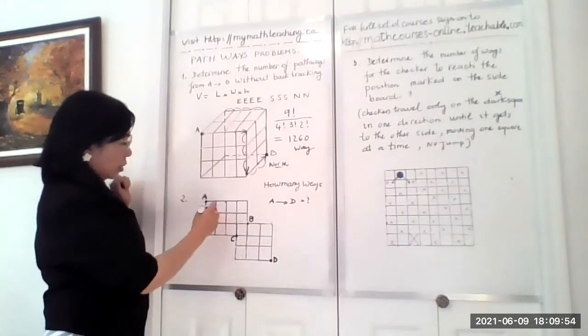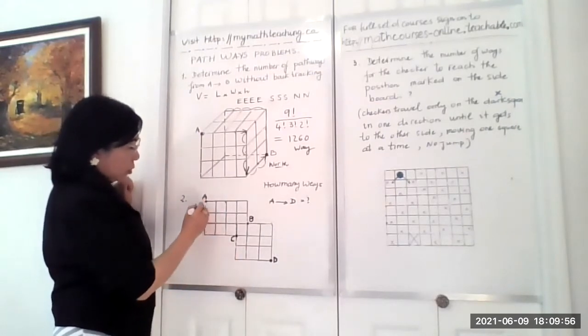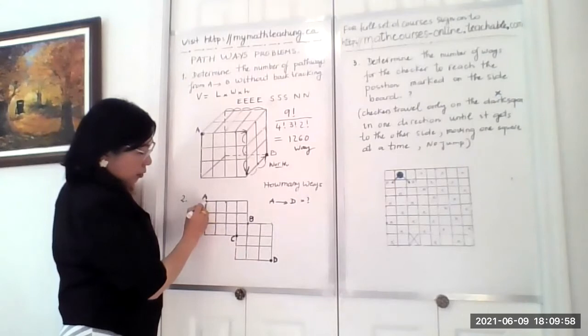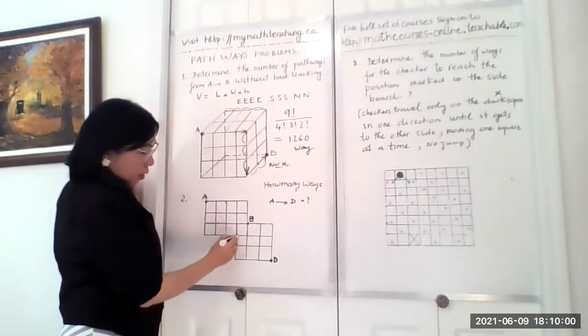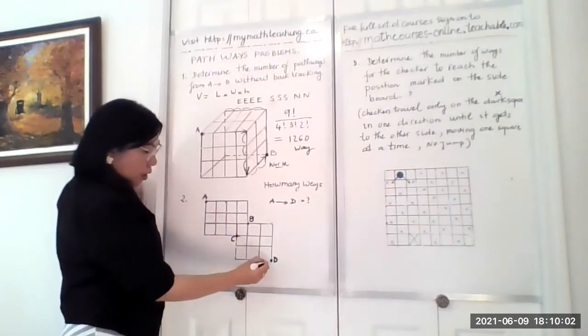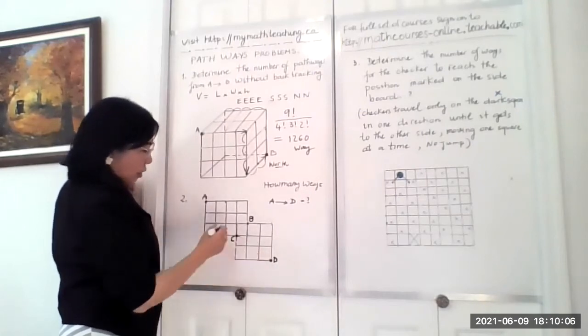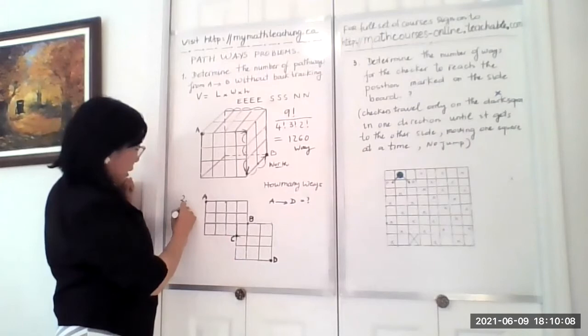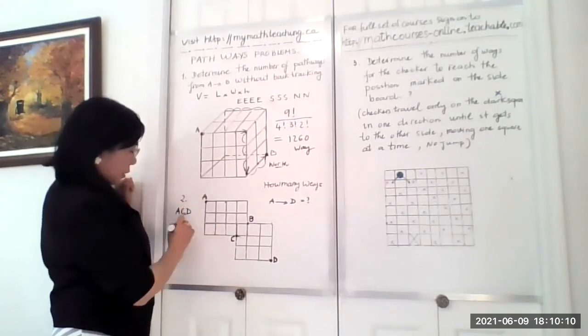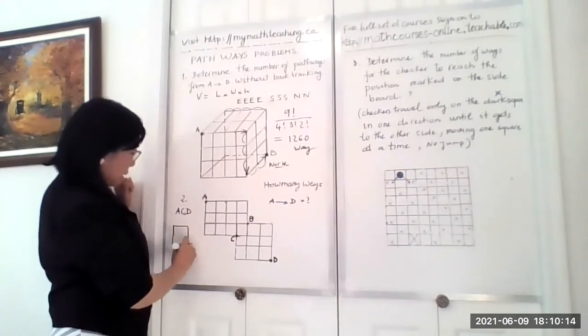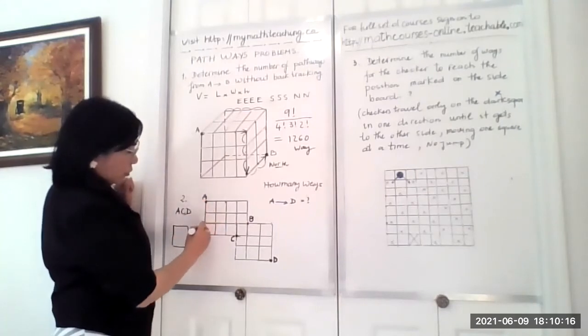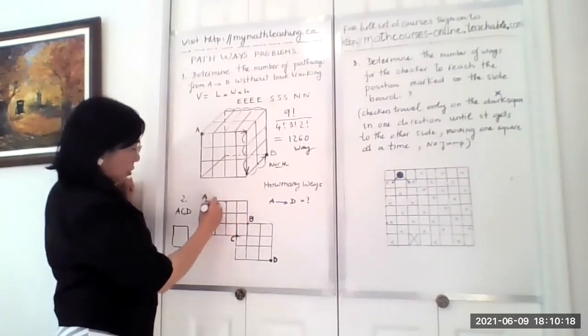Let's say you go from A to C to D. So I'm going to mark here A, C, D. Then you will have to draw another shape like this. So that is for this square shape, okay?